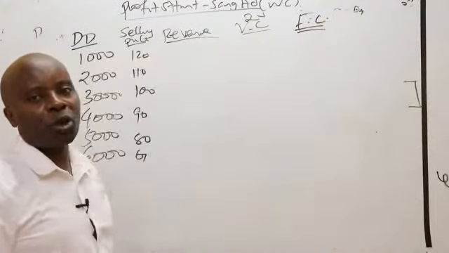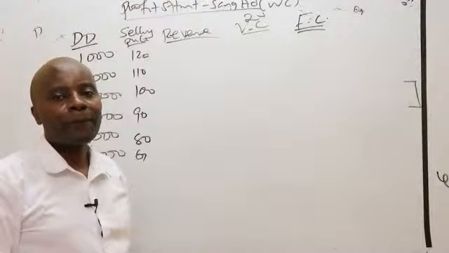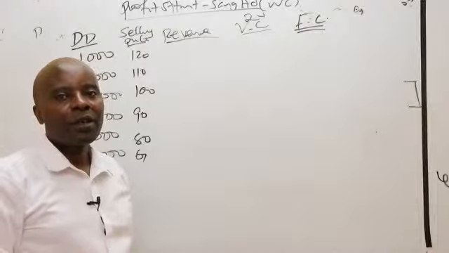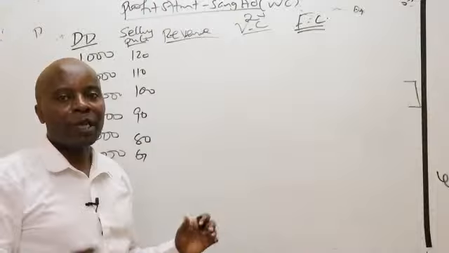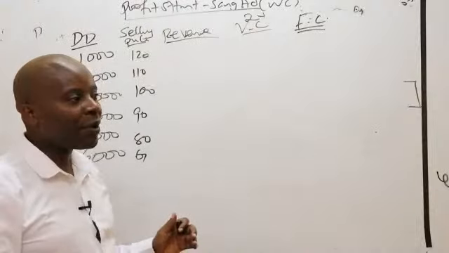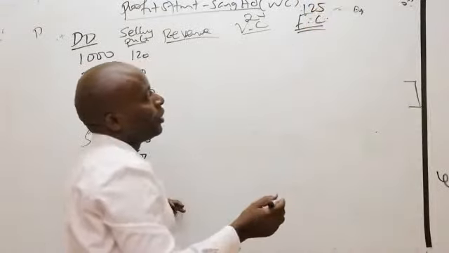Fixed cost, what do we have over there, somebody? You will take the fixed cost of X plus the fixed cost of Y. 125. Thank you very much.